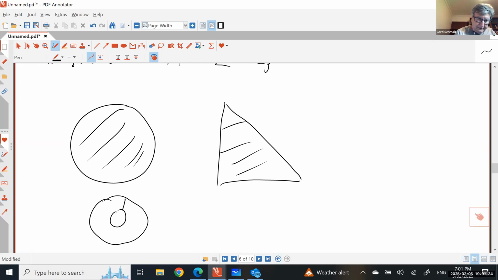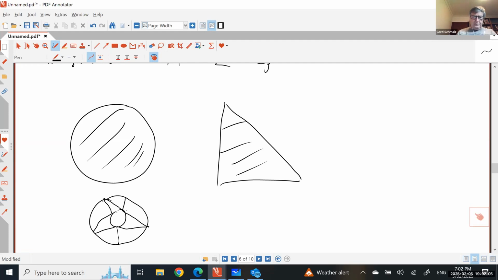We can have a triangle like this, then a triangle like this, and a triangle like this, and a triangle like this, and maybe now a triangle like this. All of these are triangles.